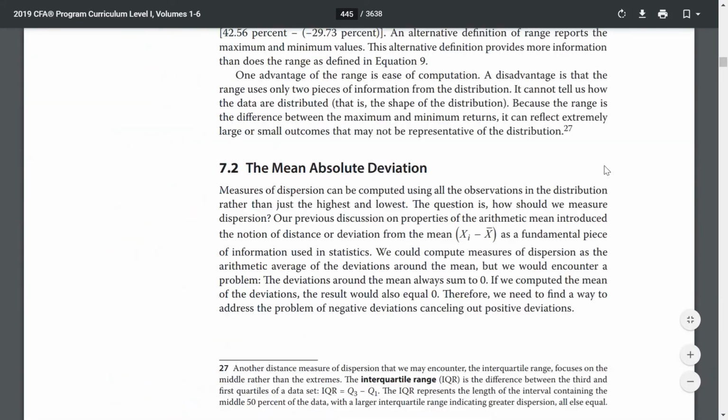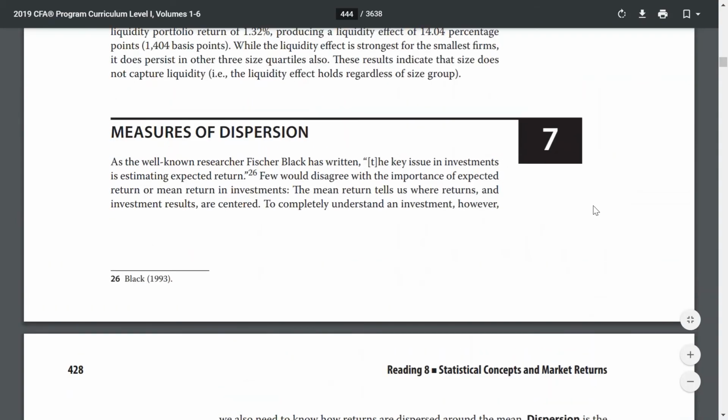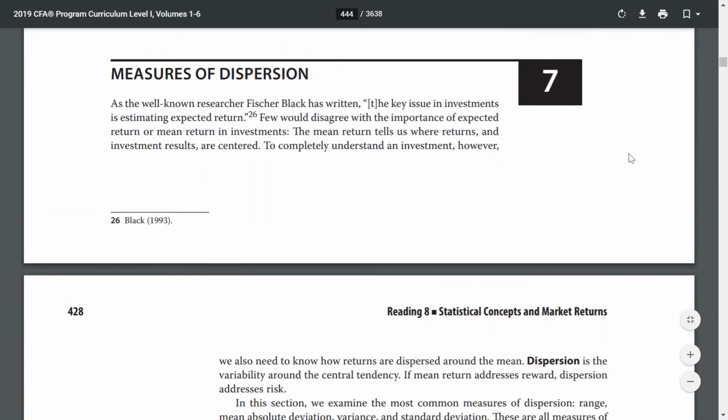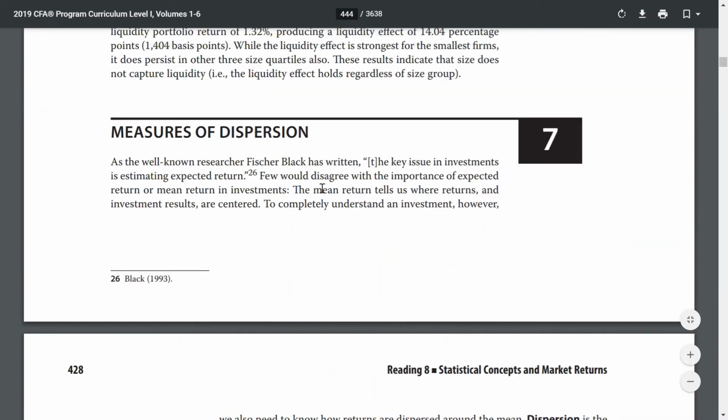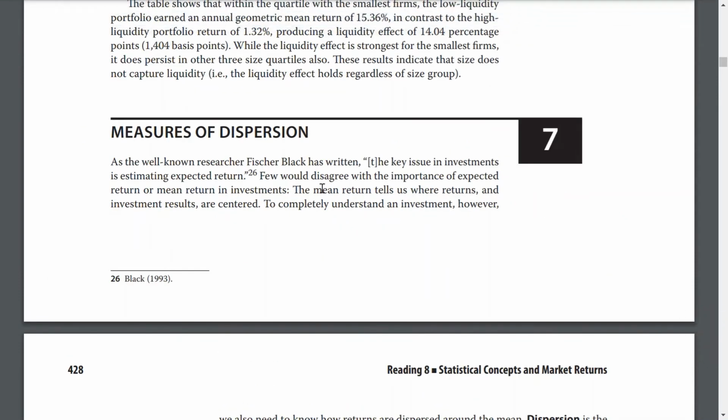Part 7 of chapter 8, the CFA Level 1 program curriculum: measures of dispersion. As the well-known researcher Fischer Black has written, the key issue in investments is estimating expected returns. Few would disagree with the importance of expected returns or mean return in investments.